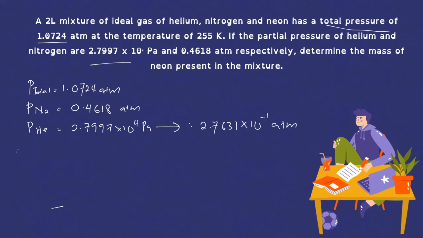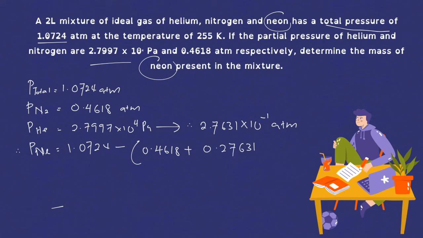So from here, you can actually know what is the pressure of the neon. So the pressure of neon should be 1.0724, which is the total pressure, minus the pressure of nitrogen, which is 0.4618, plus the pressure of helium, which is 0.27631.